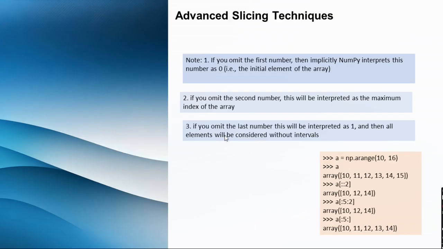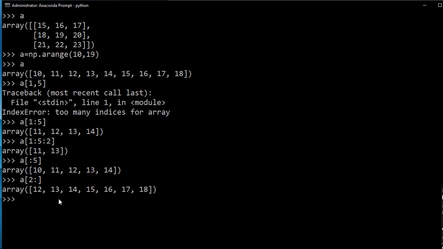Now the third thing: if you omit the last number, that will be interpreted as 1. That means if I don't specify the third argument, then it will be considered as 1. We did something like this. Now instead of 2, if I don't give anything here, it will take it as 1 only.